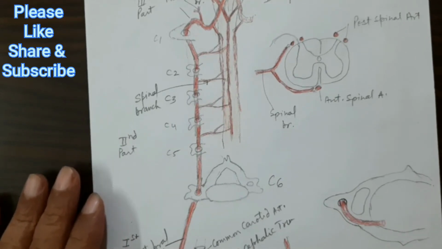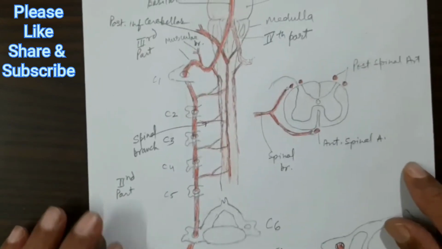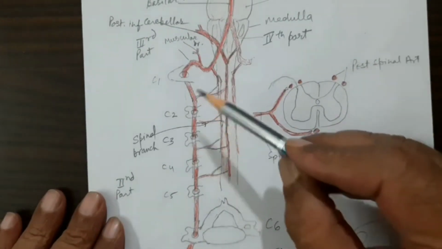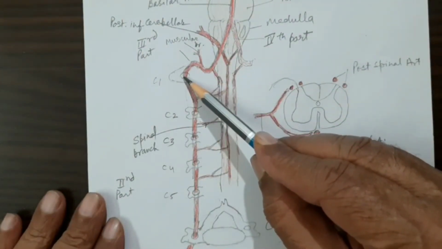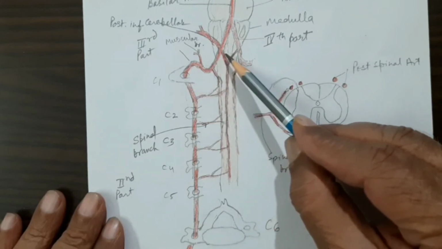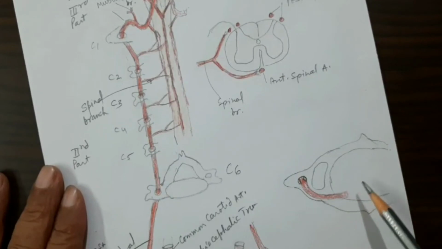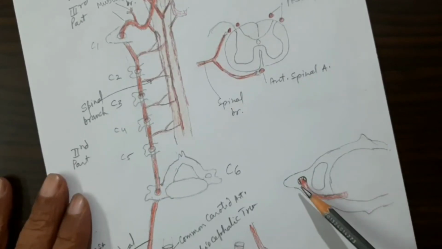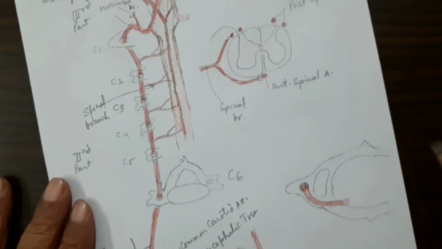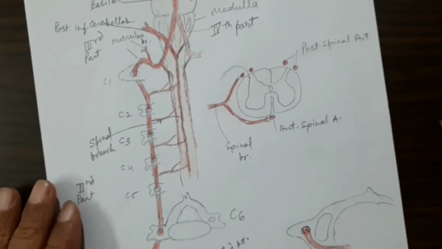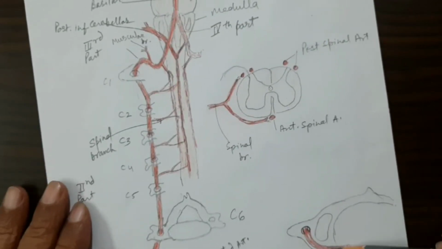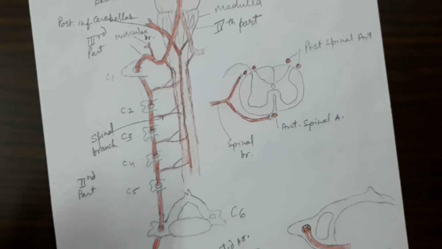Now sometimes, the third part passes through the foramina transversarium and then goes into the cranial cavity. So this is a long tortuous artery, lying on the posterior arch of the atlas vertebra.